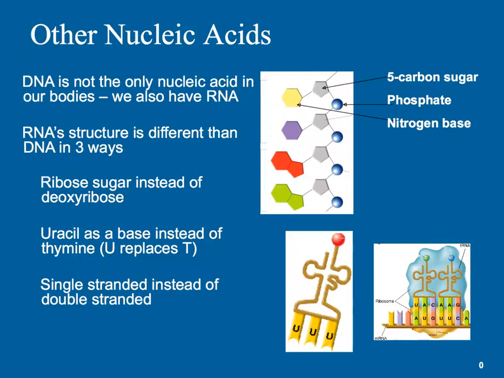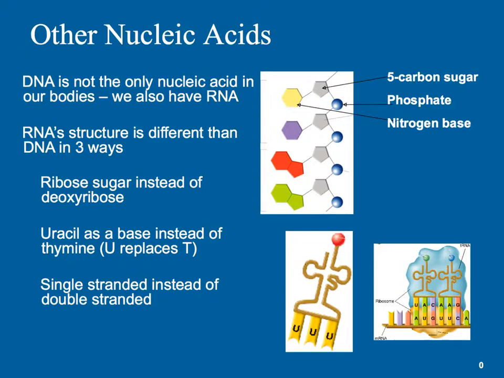So that means that when RNA is made, and we already talked about this in Unit 4, when RNA is made from DNA, when adenine is read, it is going to bring over a uracil in order to make RNA, and we're going to go into that a little bit more in detail in the next unit. So, how is RNA different than DNA?